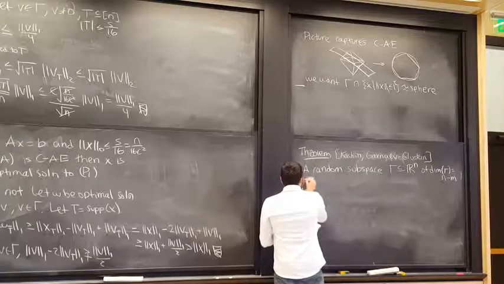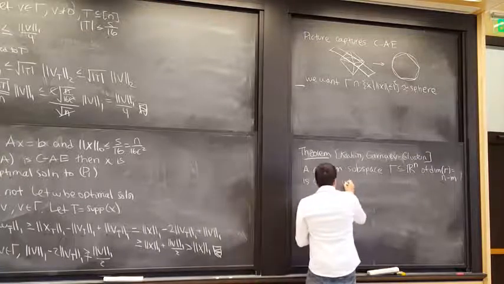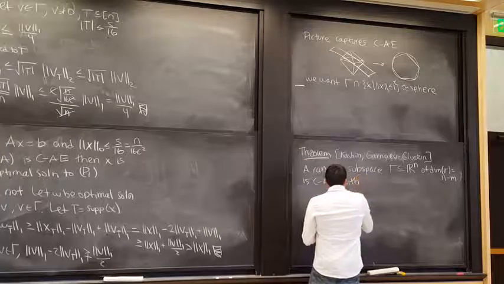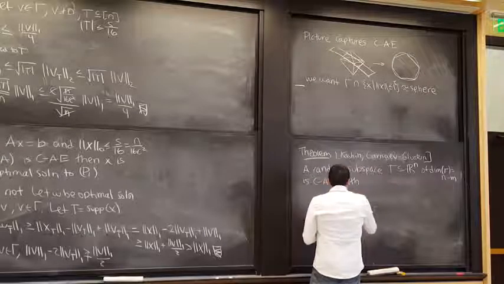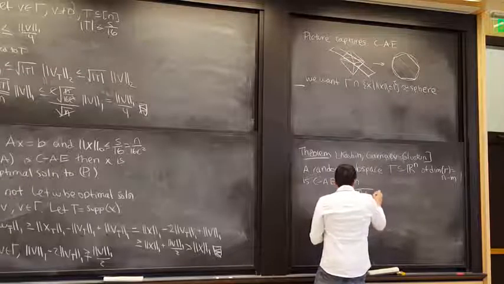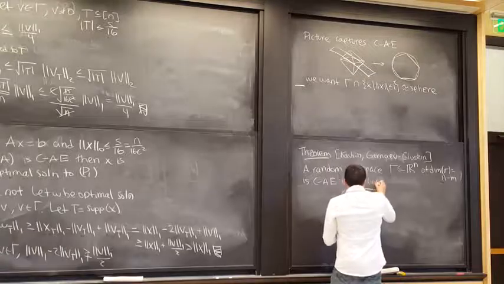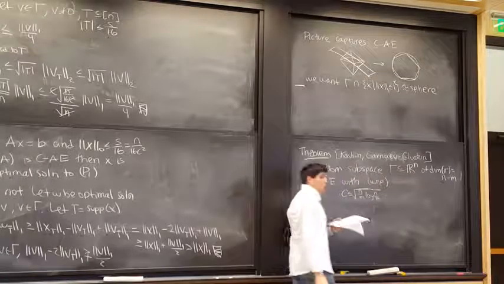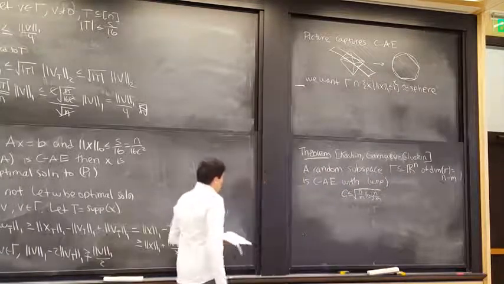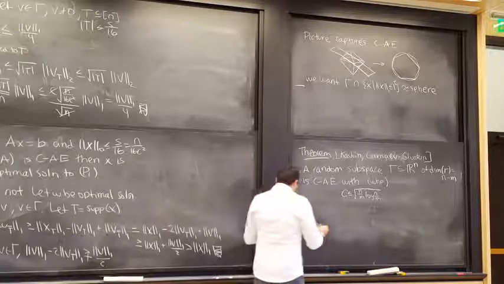Well, then the claim is that it's C-almost Euclidean, with C being about root n over m log of n over m. And this holds with high probability, with overwhelming probability. So just to put this in perspective, let's think about what this means now.